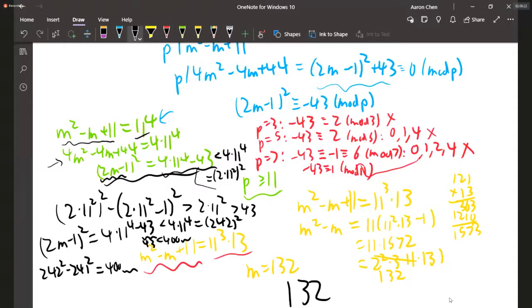And so that means this is still greater than 241 squared. This is a number that's between two consecutive perfect squares, but it should have been equal to a perfect square itself in order for (2m minus 1) squared to work. And so that's why it didn't work.